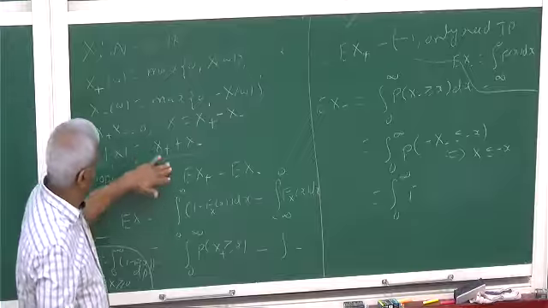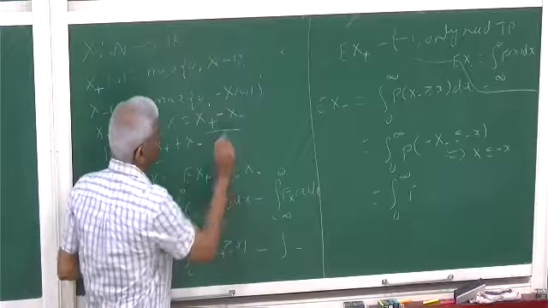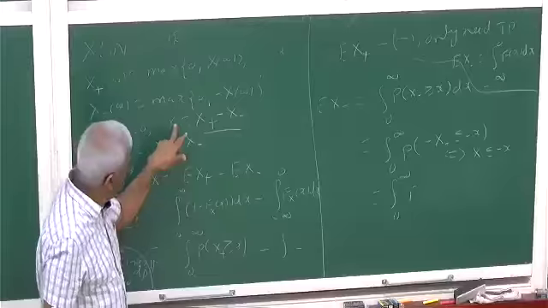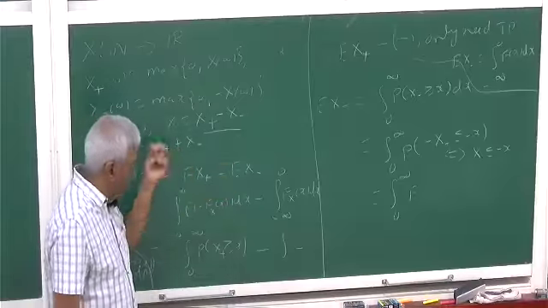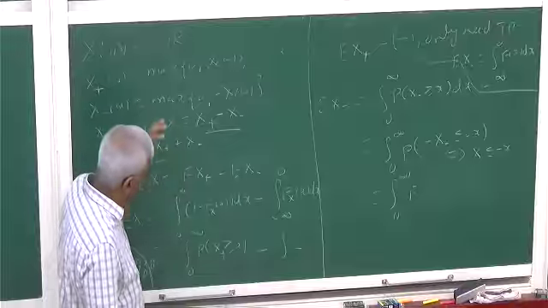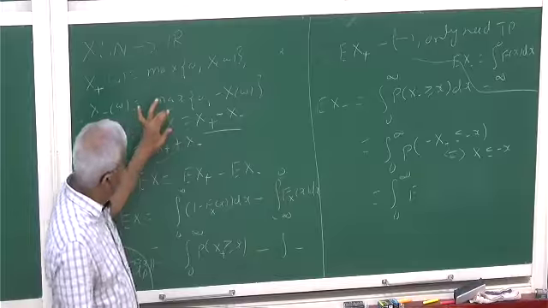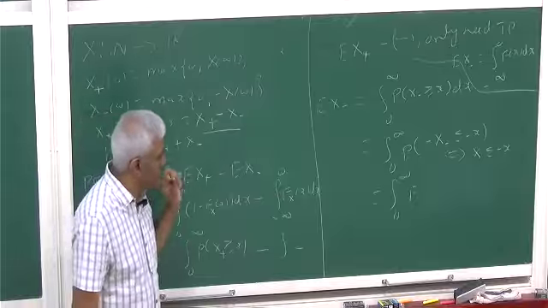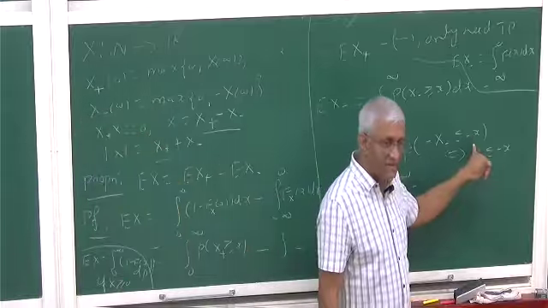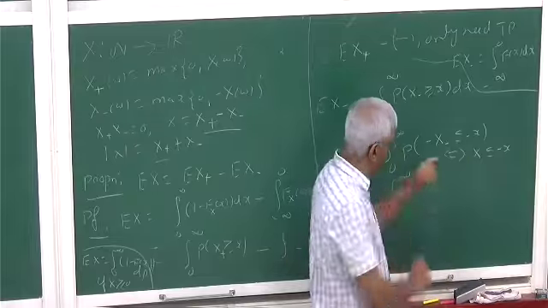Wherever this random variable takes positive values, it is equal to x plus. For negative values, minus x minus is equal to x. So minus x minus is less than minus x means x is less than minus x.